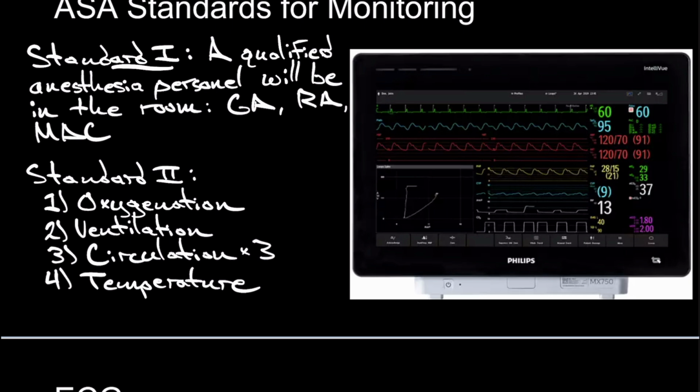And then there has to be at least one additional continual circulatory assessment. So normally that's going to be a pulse oximetry tracing because that'll show the pulse throughout the entire case, but it could also be an arterial line tracing or someone measuring a palpable pulse or listening to heart sounds throughout the case. Finally, if there's any concerns for anticipated changes in temperature of the patient, then there needs to be a temperature probe to measure any changes in these temperatures.